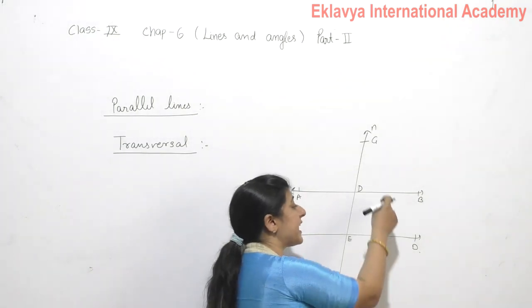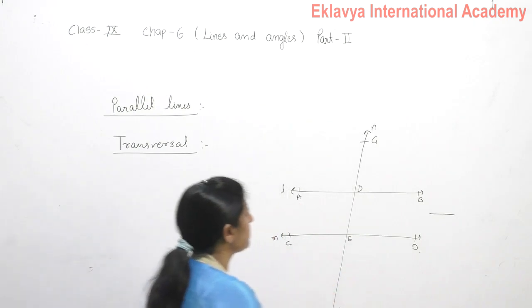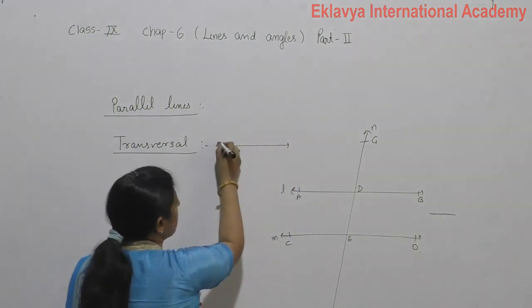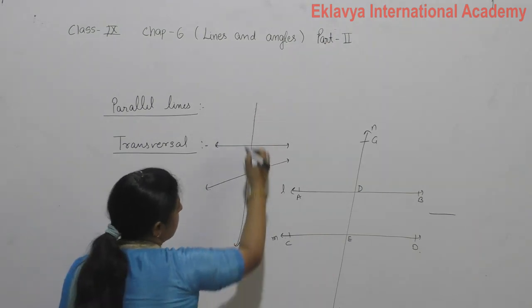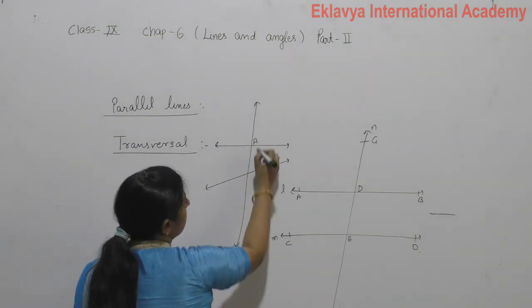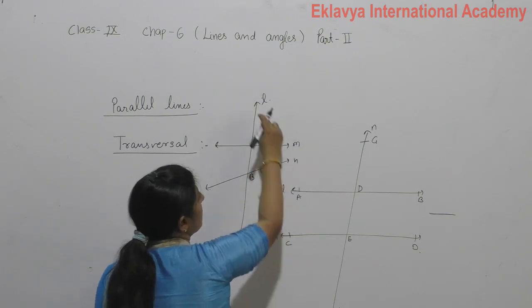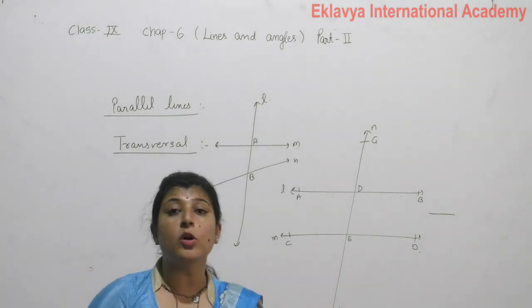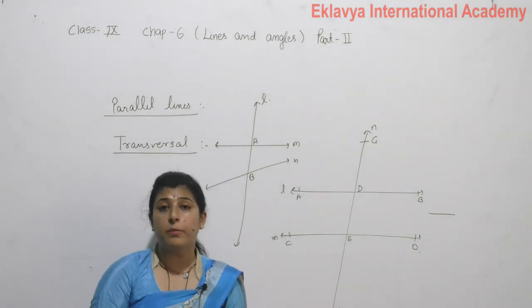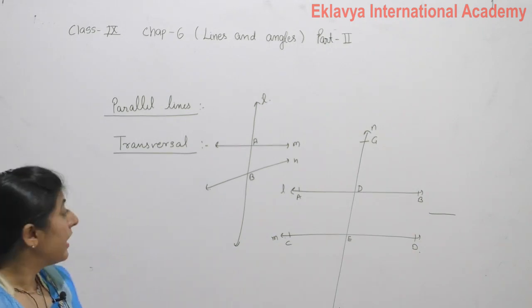There is no need that these lines are parallel. If you take lines like this and one line is intersecting, then also this line is called a transversal. When a line intersects two or more lines at different points, then it is called a transversal.